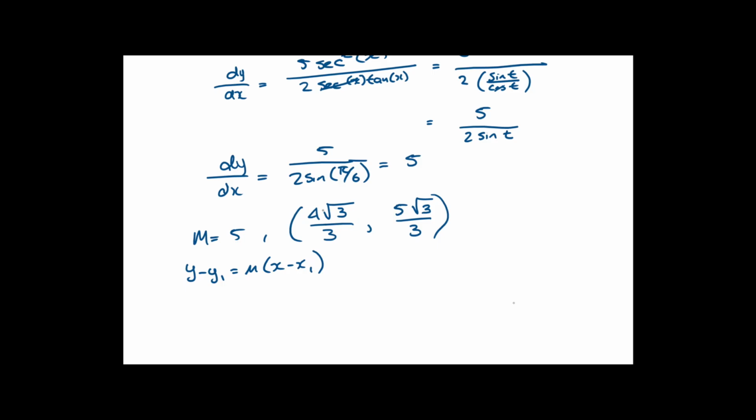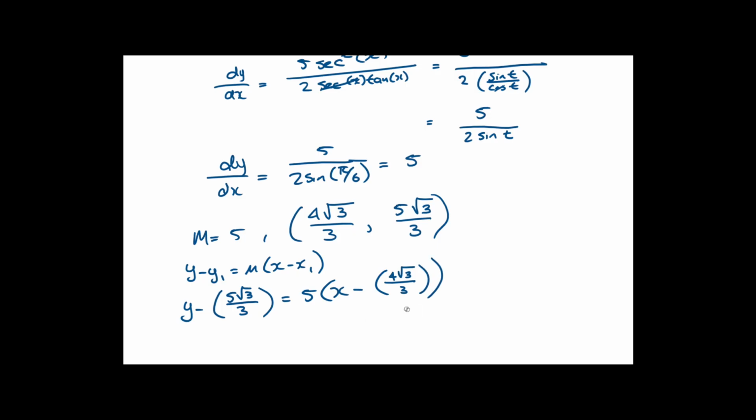So y minus 5 square root 3 over 3 equals 5 times x minus 4 square root 3 over 3.